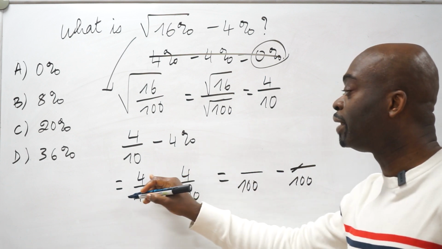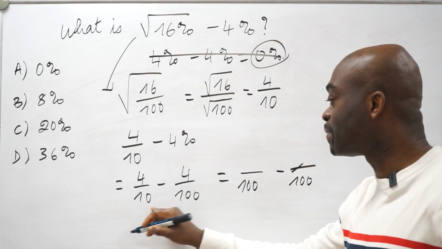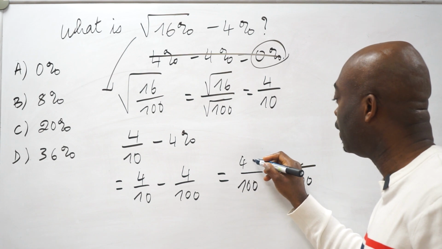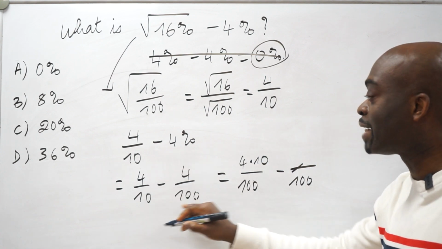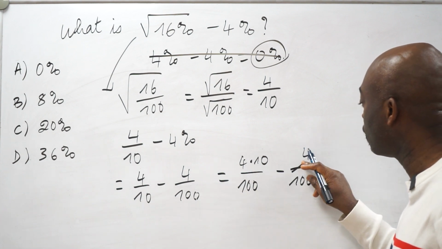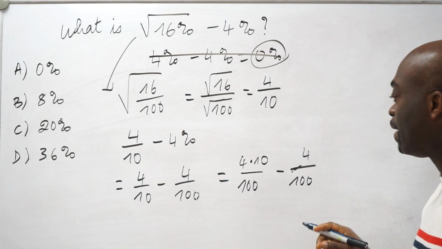By multiplying the top also by 10. So 10 times 10 is 100, and 4 also has to be multiplied by 10. But this one does not change because it already has 100, so this one stays 4 underneath. You guys good with me? Okay, and then what's going to happen?